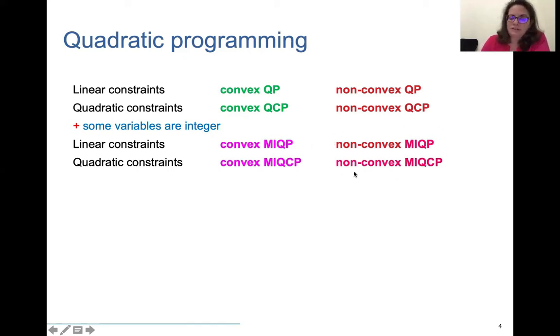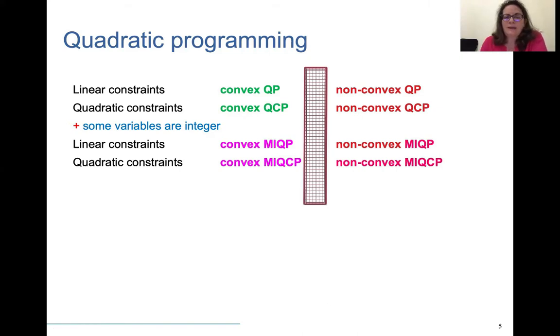So the interesting thing is that here I draw a wall between the case where your quadratic forms are convex or not. Because here the green case is the easy case, the red case is the hard case, and this case is between the two. In fact, you have non-convexities.